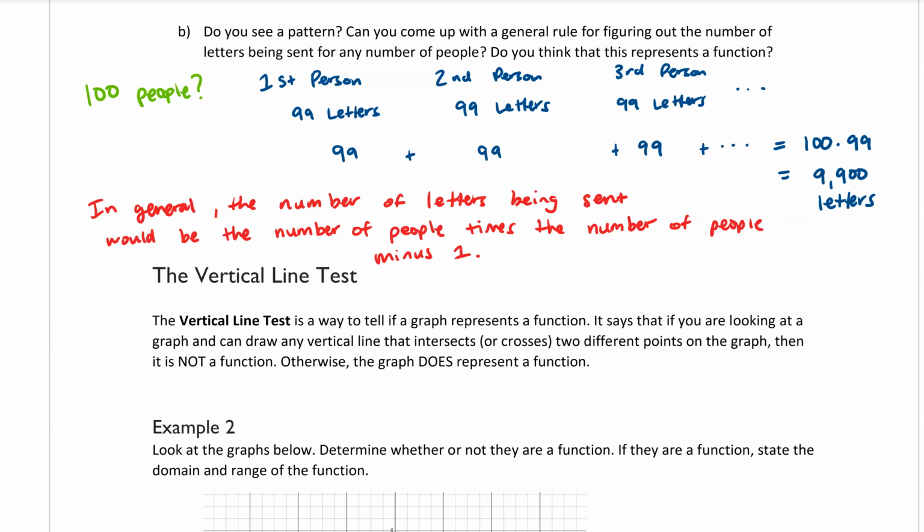And that's kind of a long task to write out that sentence. And so oftentimes we mathematicians have developed a shorthand by creating an equation.